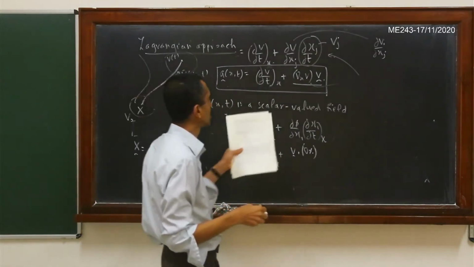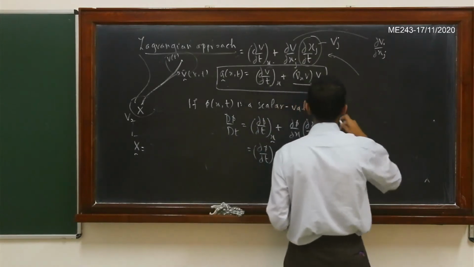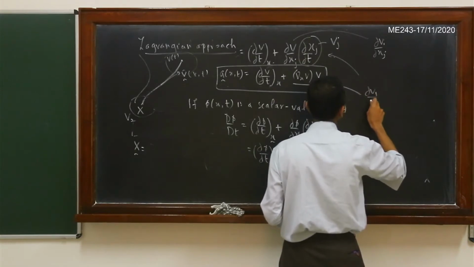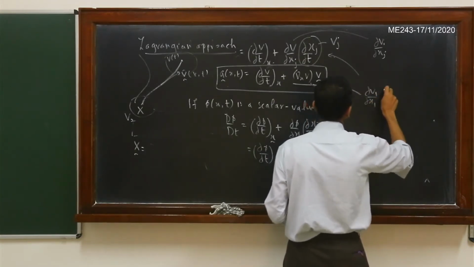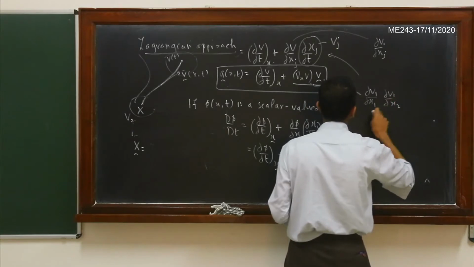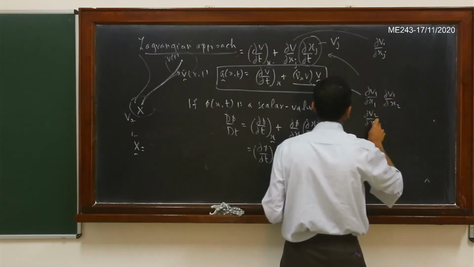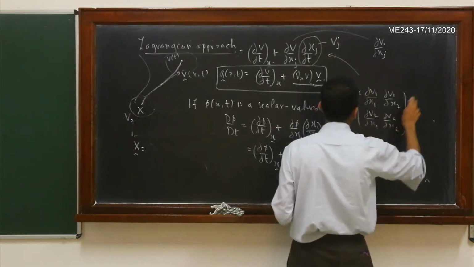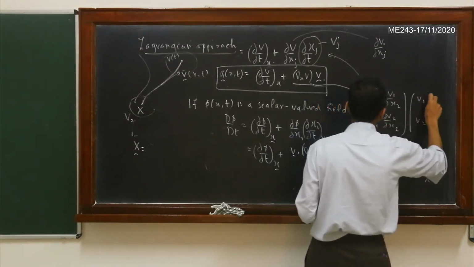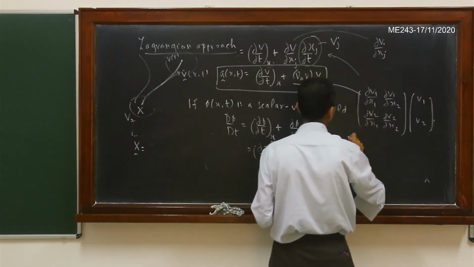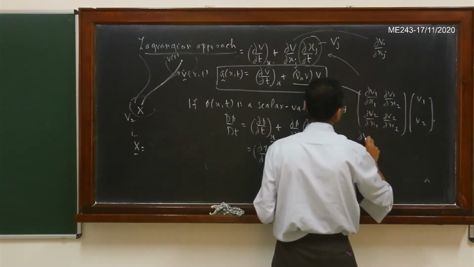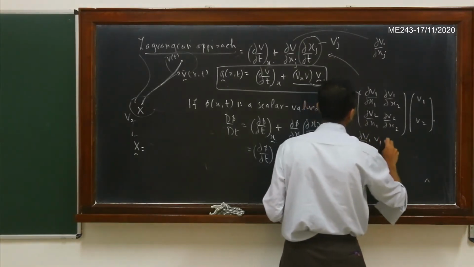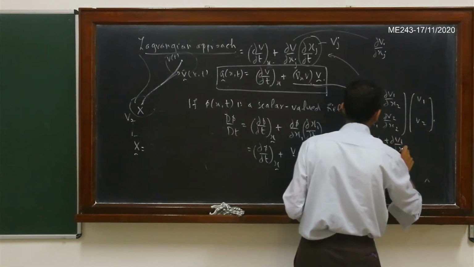So just to give an example of this particular term, this will be del V1 by del X1, del V1 by del X2, del V2 by del X1, del V2 by del X2, multiplying V1 and V2. Okay, and then this will give del V1 by del X1 times V1 plus del V1 by del X2 times V2.